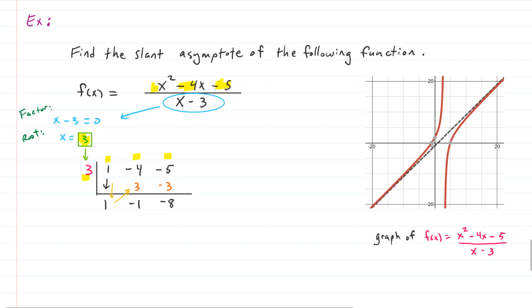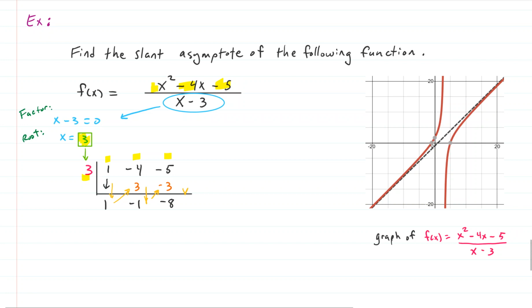We place that 3 just below the -4, to the right of the 1, and then we add the -4 and the 3. -4 and 3 give us -1, and then we multiply the 3 out front again by -1, and we get -3, and we put that in the spot to the right. Each time, we put the number we get to the right of the previous one. And then that -3 is directly below the -5, and -5 and -3 give us -8.